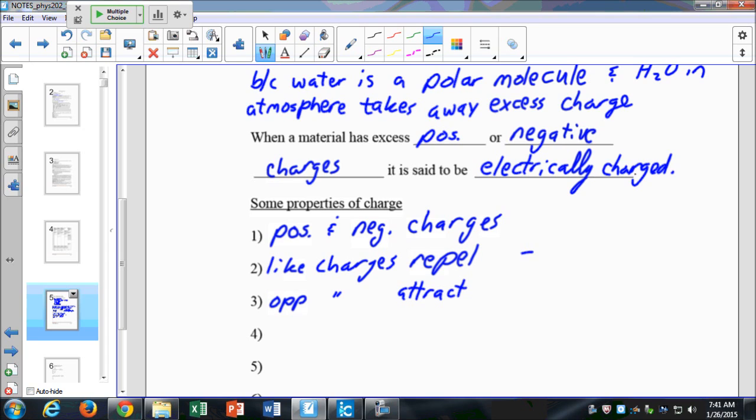So for example, if I have two positive charges here, they're going to repel one another. If I have a positive and a negative charge, they will be attracted to one another. Third grade stuff for y'all, right? Heard all this? Yeah. All right, number 4.